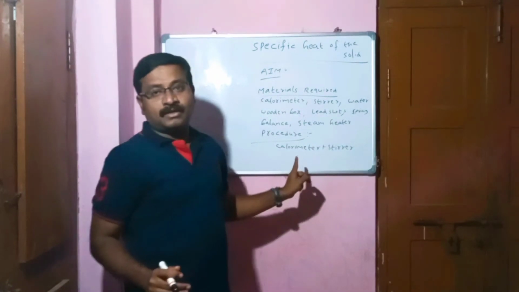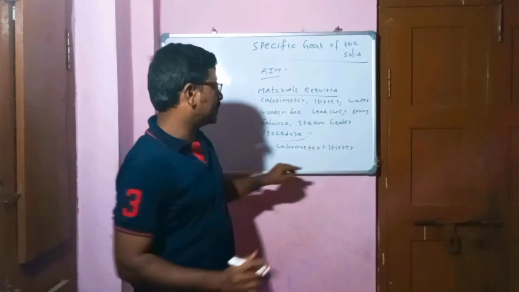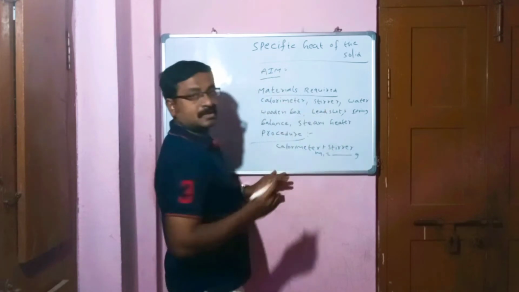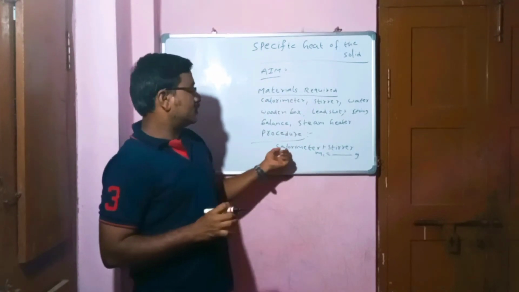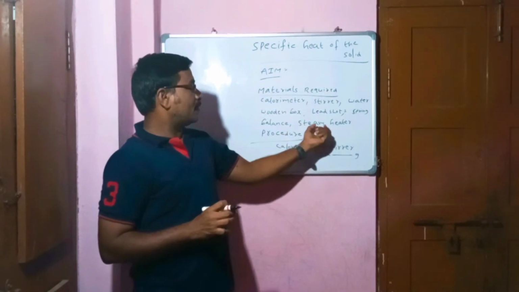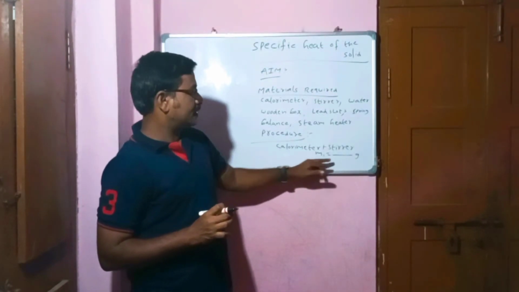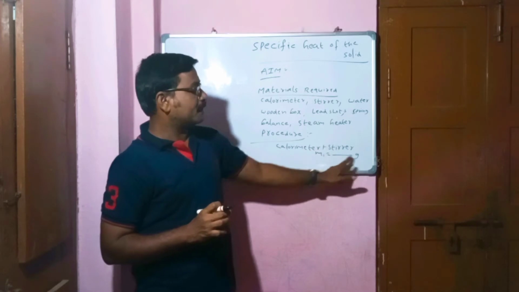That is called M1 grams. By using a common balance or spring balance, you can determine the mass of the calorimeter plus stirrer, M1 grams.